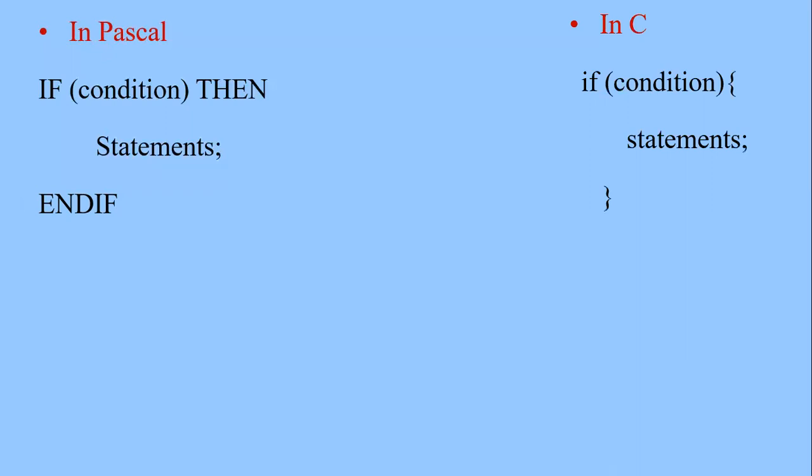And therefore, I would like you to compare the way we write it in Pascal and in C. In C, we don't have then, nor do we write end if. So we make use of braces. The left brace and the right brace to indicate the end. So instead of the one end if, we have the right brace.